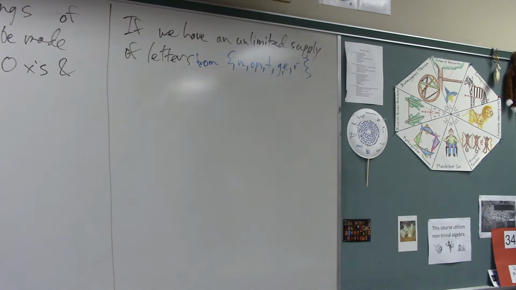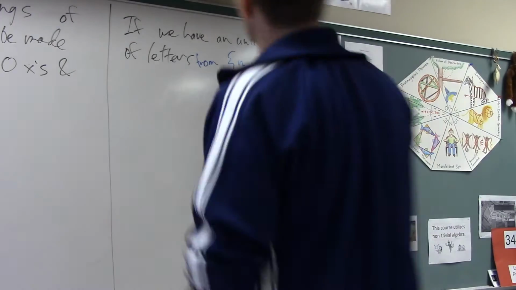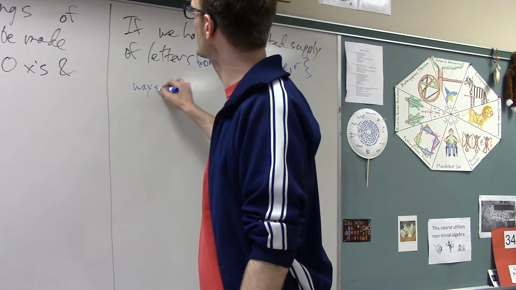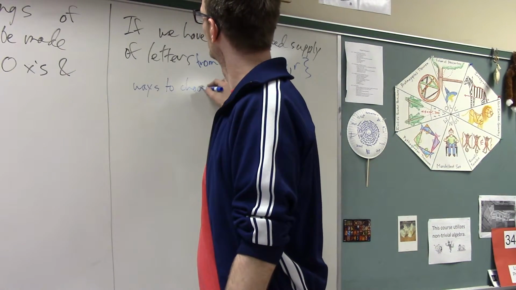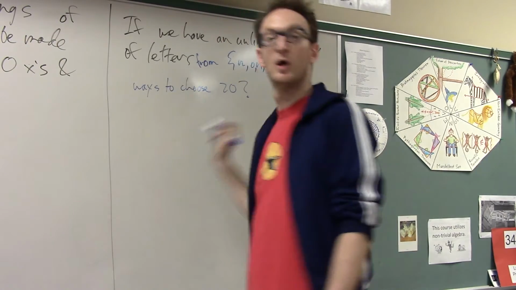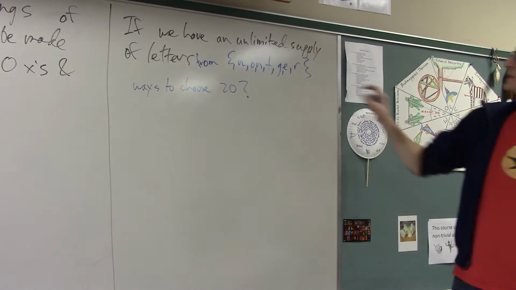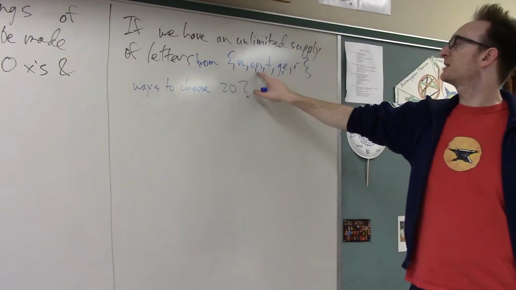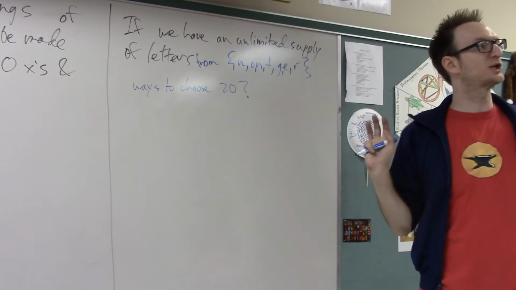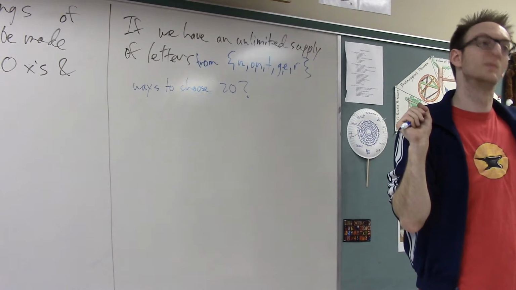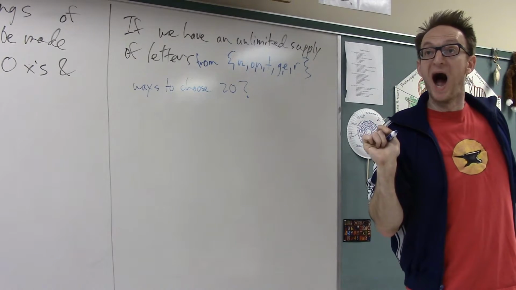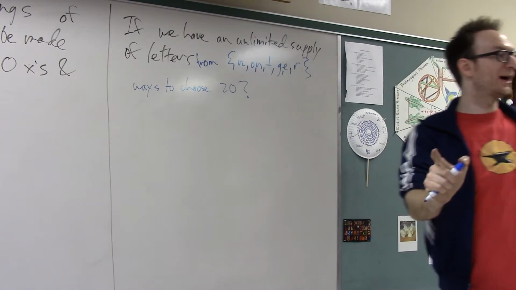No, let's do 20. How many ways can we choose 20? So I have an unlimited number of M's, an unlimited number of O's, a limited number of N, T, G, E, R, and I want to choose 20 letters. If you've never done this before, then it's hard.